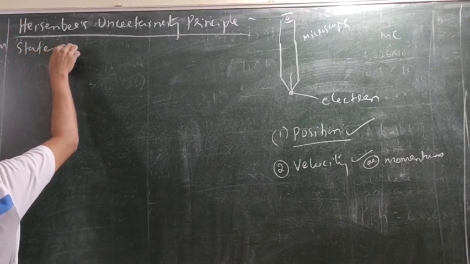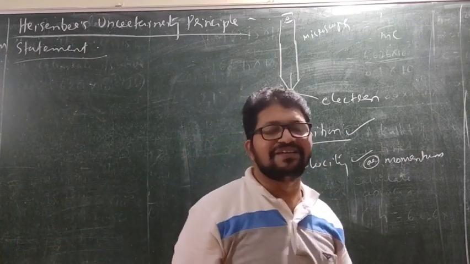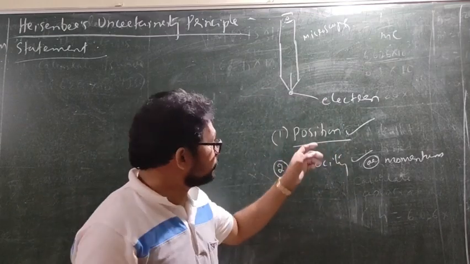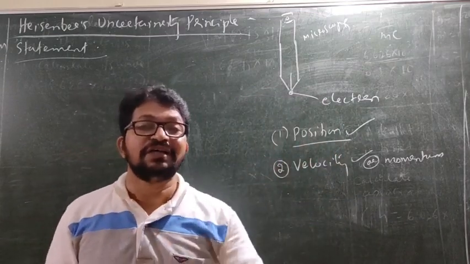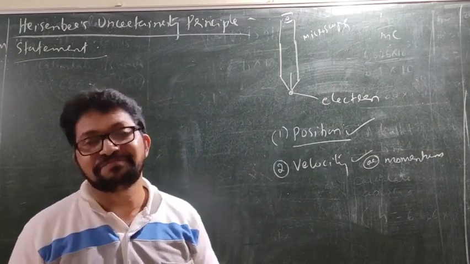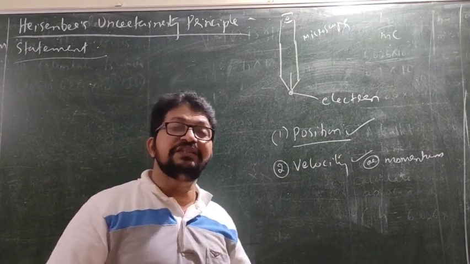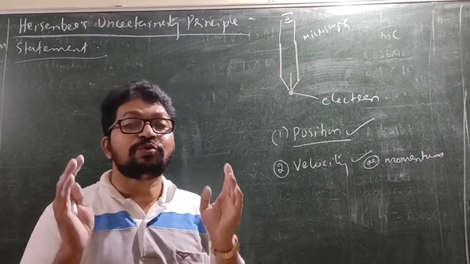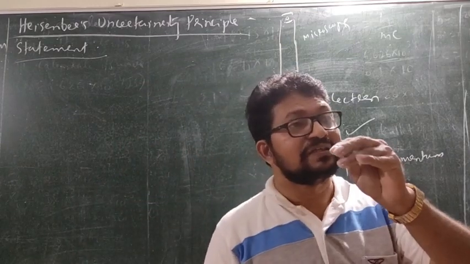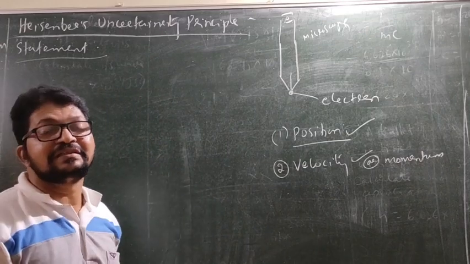The statement: it is impossible to determine both the position and velocity of a moving particle like an electron simultaneously, with accuracy. This is Heisenberg's.